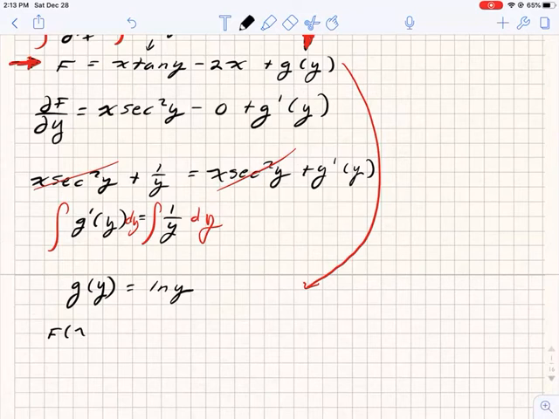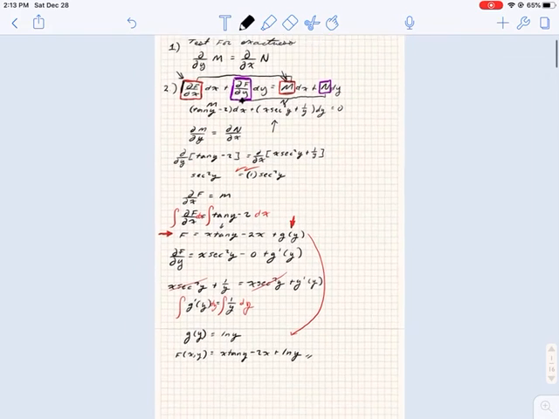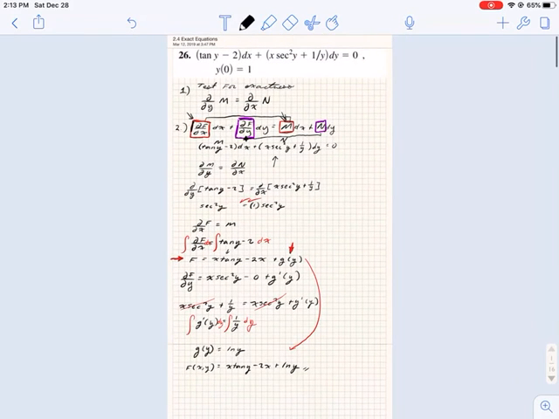So f, a function of x and y, is equal to x tan y minus 2x plus ln y, and that is our solution to the exact differential equation that we were originally trying to solve.